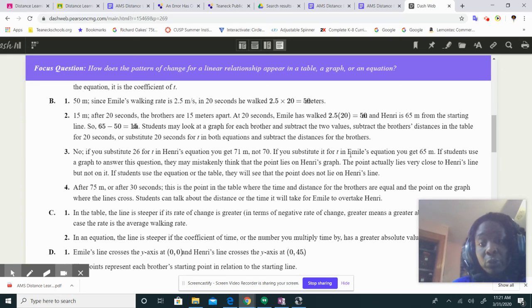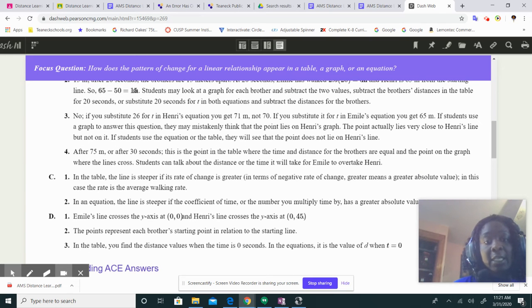And if you substitute 26 for t in Emil's equation, you get 65. So it's really just replacing the variables. And after 75 meters, or after 30 seconds, that is the point in the table where the time and distance for the brothers are equal and the point of the graph where the lines cross.